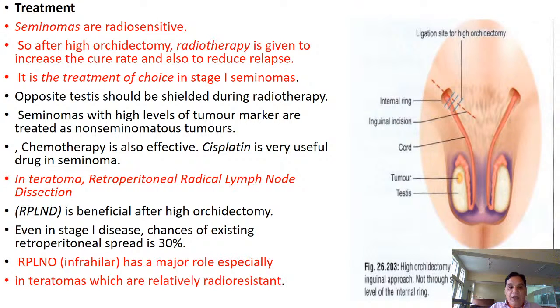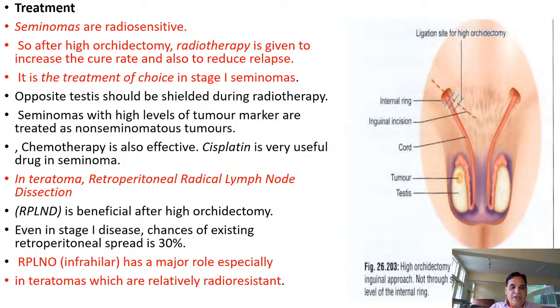Remember, you may not go for surgery if you diagnose it earliest. During radiotherapy, you have to shield the opposite testes because the opposite testes can develop malignancy due to radiotherapy. Seminomas with high levels of tumor markers are treated as non-seminomatous tumors. That means you have to go for retroperitoneal resection. Chemotherapy, cisplatin is the drug.